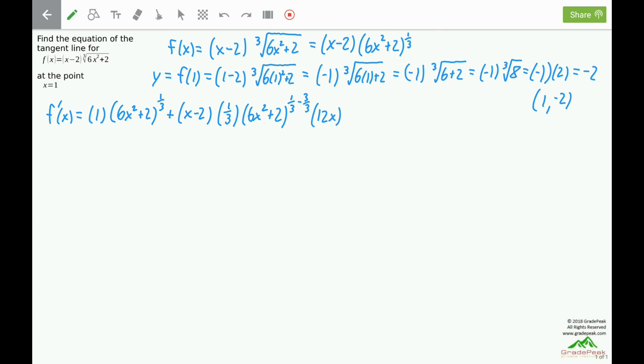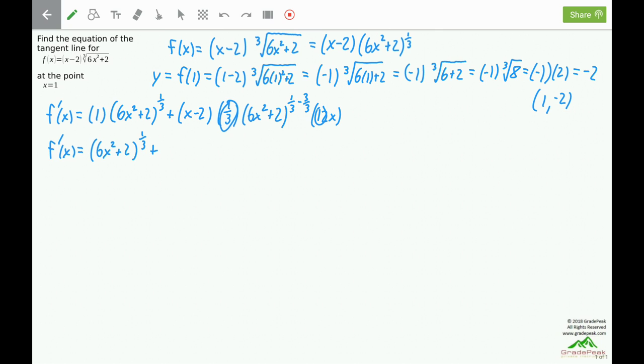Now we need to simplify this as far as needed to be able to plug in x equals 1. Our first term, 1 times 6x squared plus 2 to the 1/3, will just be 6x squared plus 2 to the 1/3. Our second term, all this other stuff, I'm going to put the constants together.